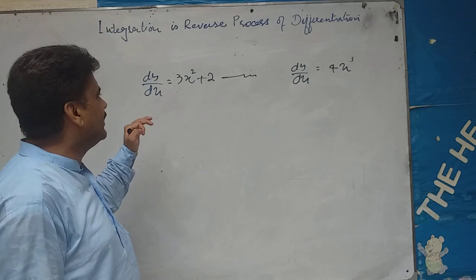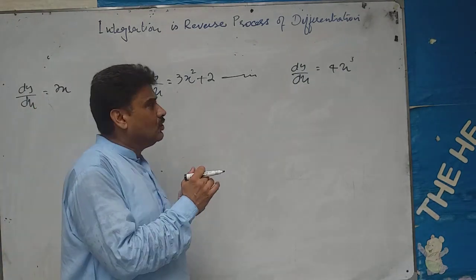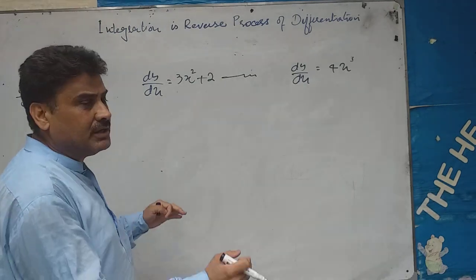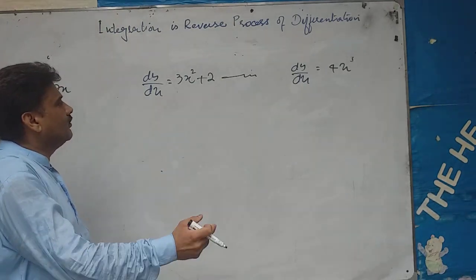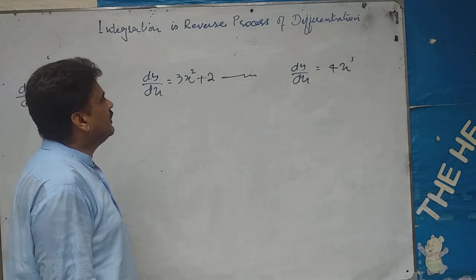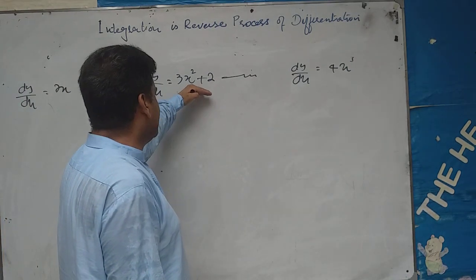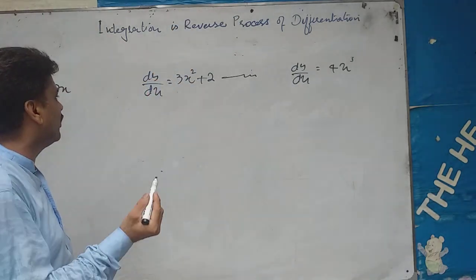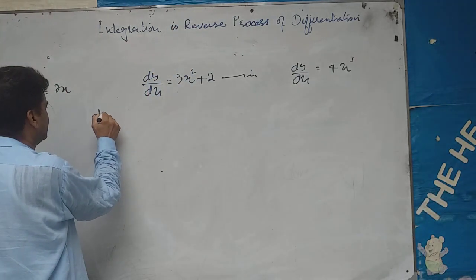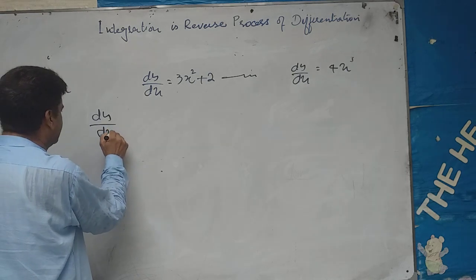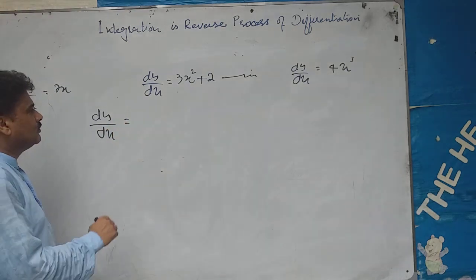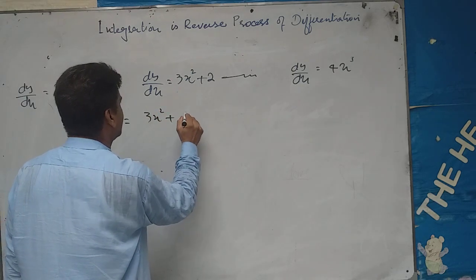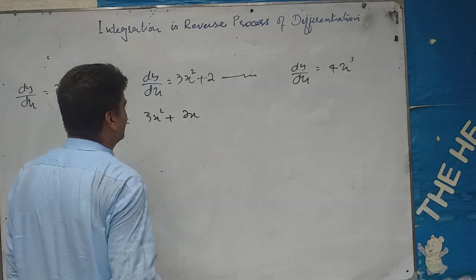In an integration problem, we have to check whose derivative is given, which is to be integrated. Suppose we have a gradient function and we want to find its original function. Suppose we have a gradient function dy by dx is equal to 3x squared plus 2x.